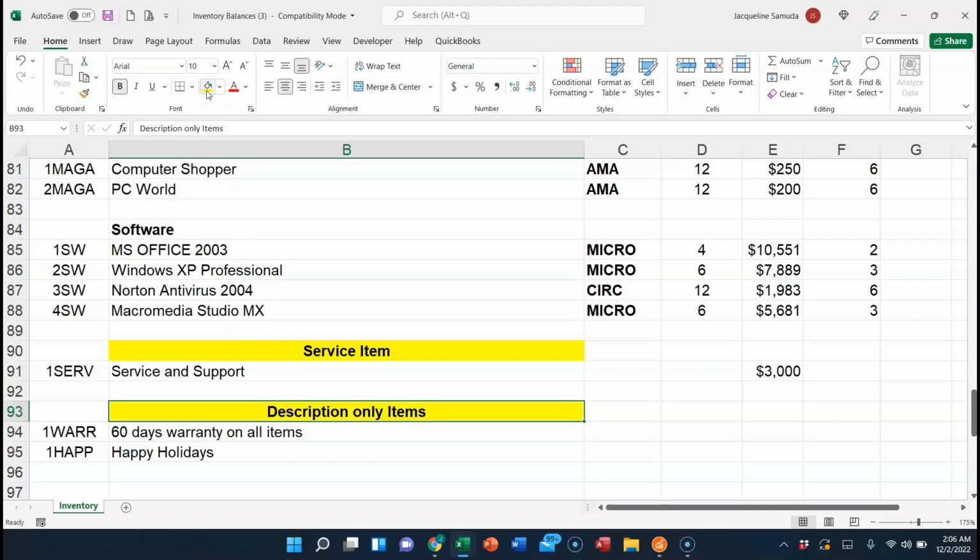Now, it is interesting that these two groups show up on your stock listing, but how it is with Sage is that anything that goes either on a purchase order or on an invoice to your customer or a purchase order to your supplier, it has to be fed through the inventory data.